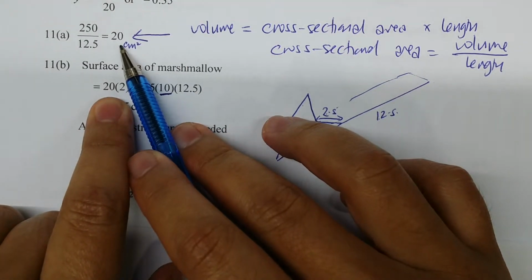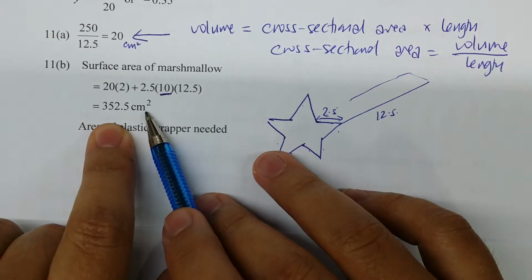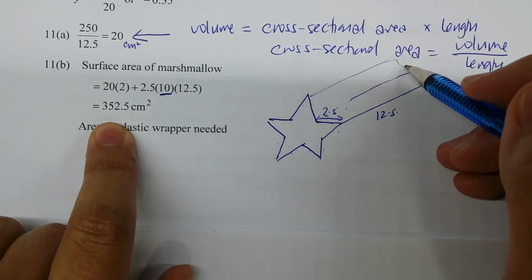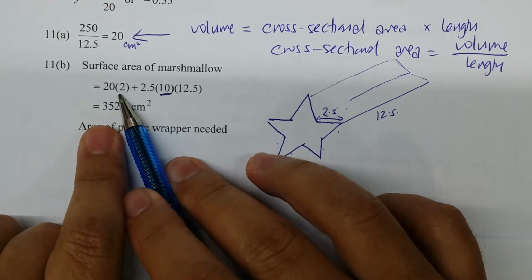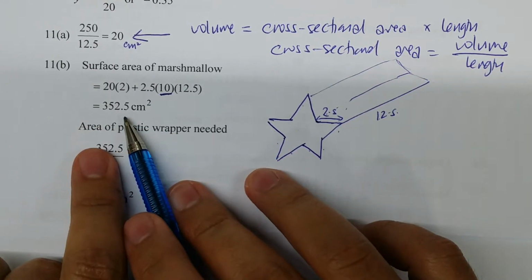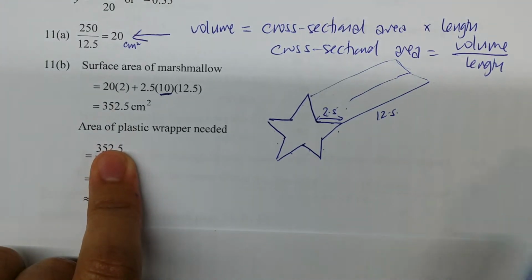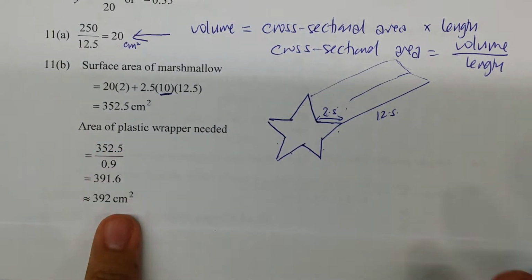Area of star is 20. So eventually add up 10 rectangles plus 2 stars. You get 352.5. However, the question says 10% of the area is used for sealing purpose.